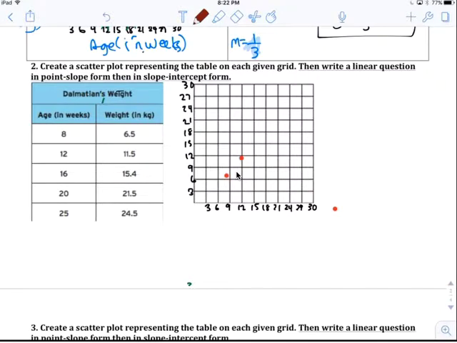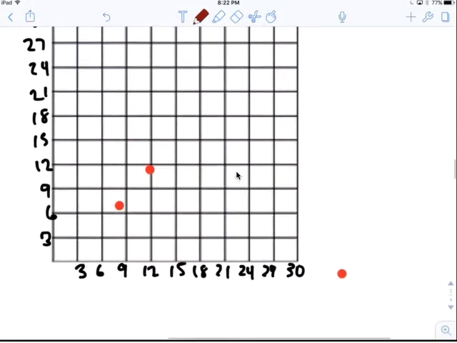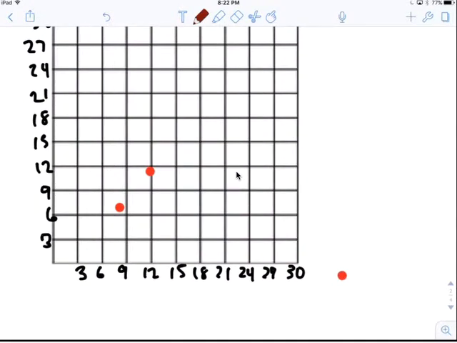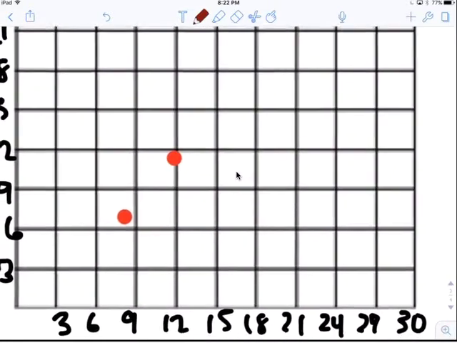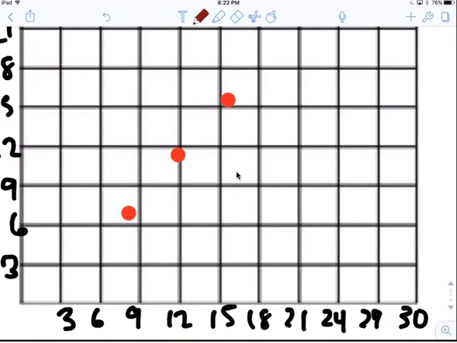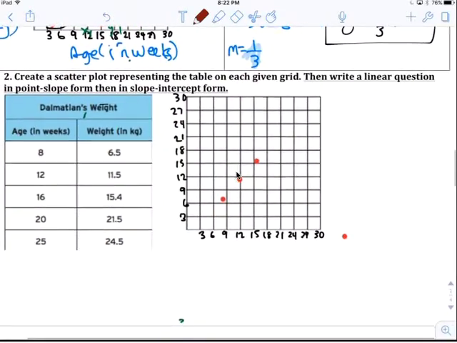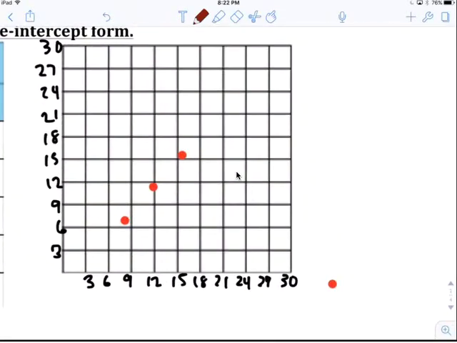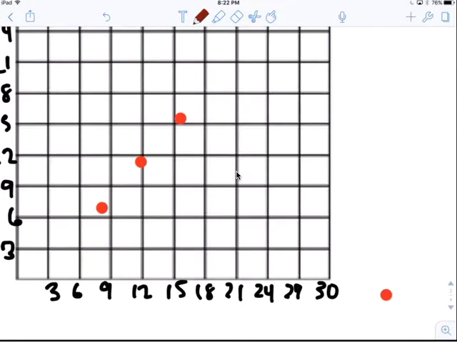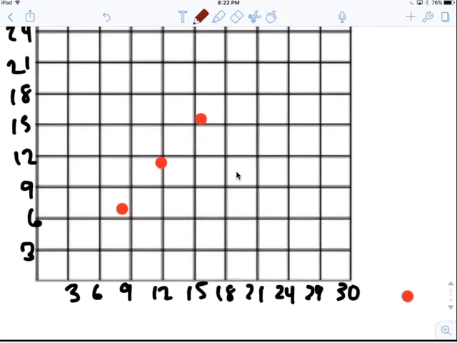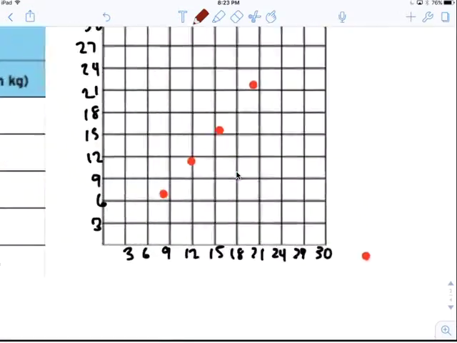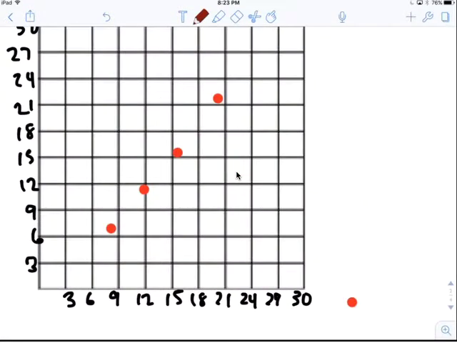Not quite at 12. 16, 15.4, about right there. 20 and 21.5 is about right there. 25 and 24.5, right there.